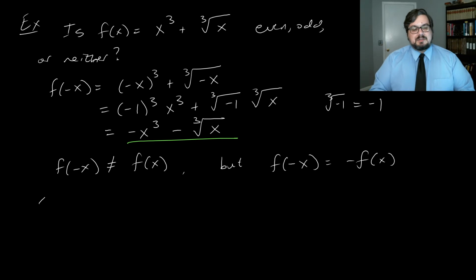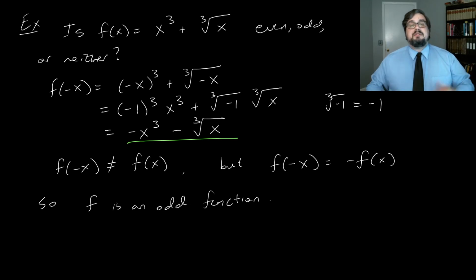So that tells us that f is an odd function, meaning that its graph is symmetric about the origin, and there are other kinds of symmetries that we can use there.